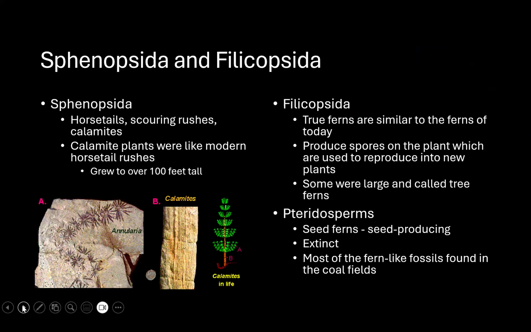So let's talk about some of the next plants, a few more that are also prevalent around here. The next one is a relative to our horsetails, the Sphenopsida. Sphenopsida is an ancestor to our modern day horsetails.